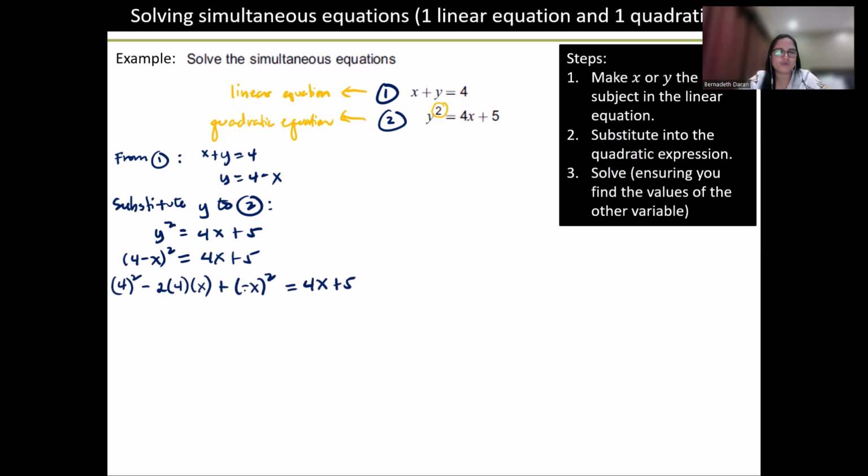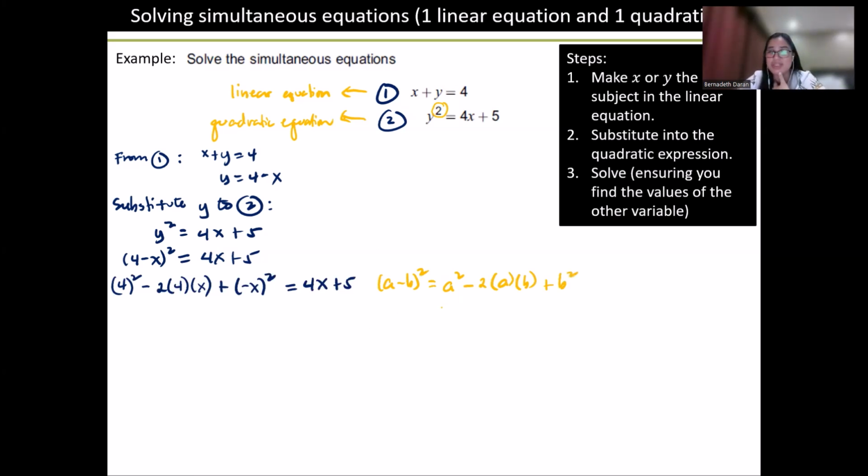Okay, how did we get this? If you remember your special products and factoring, a minus b squared is equal to a squared, the first term, you square that, minus 2 times the first term times the second term, and this is plus b squared.